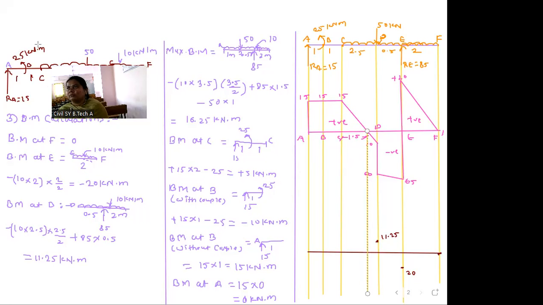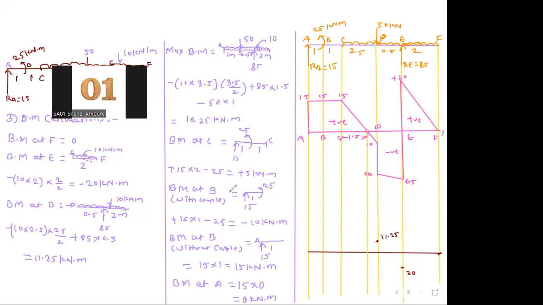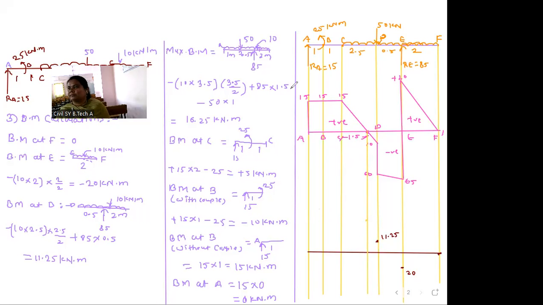So the value of maximum bending moment is 16.25. So we will mark here, 16.25.